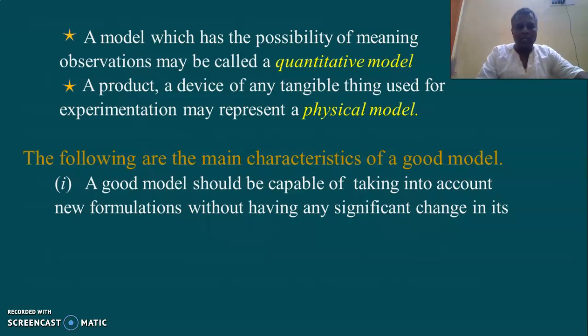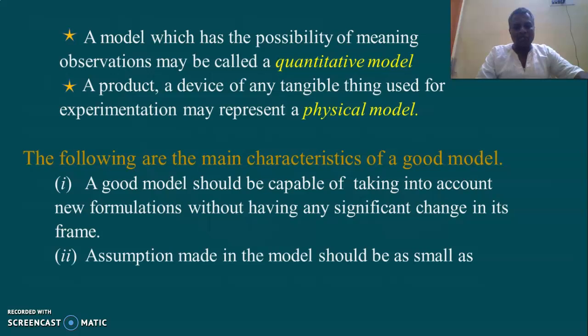The following are the main characteristics of a good model. A good model should be capable of taking into account new formulations without having any significant change in its frame. Assumptions made in the model should be as small as possible.